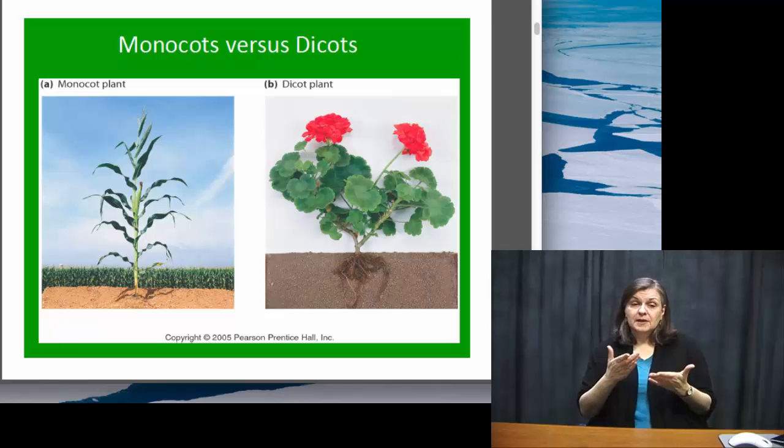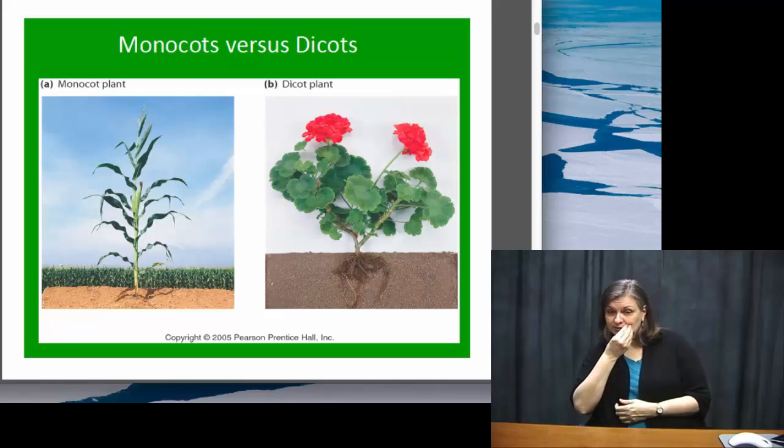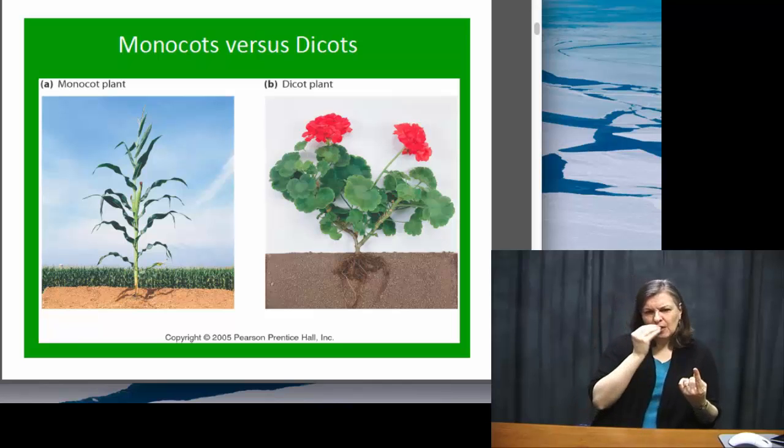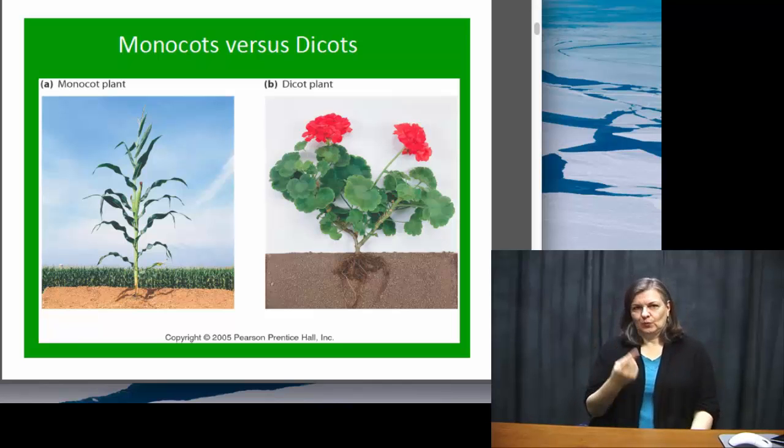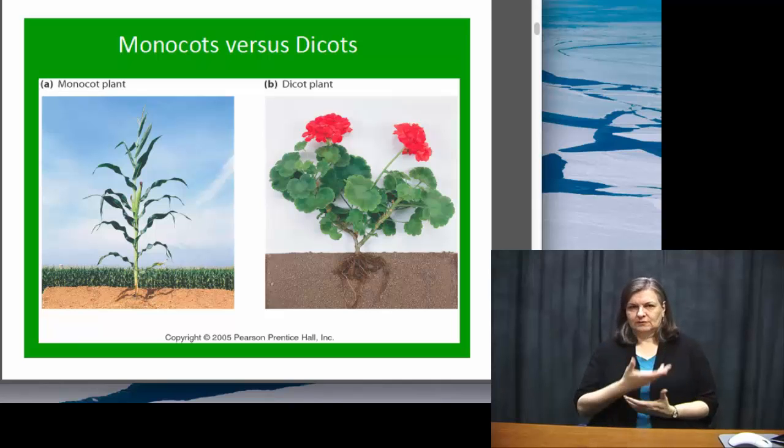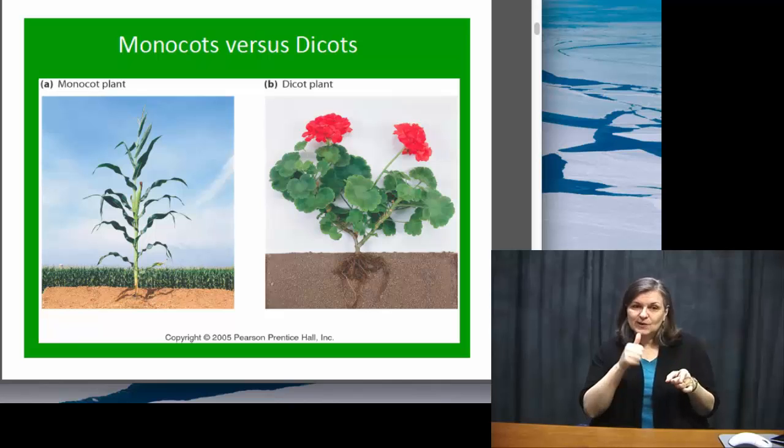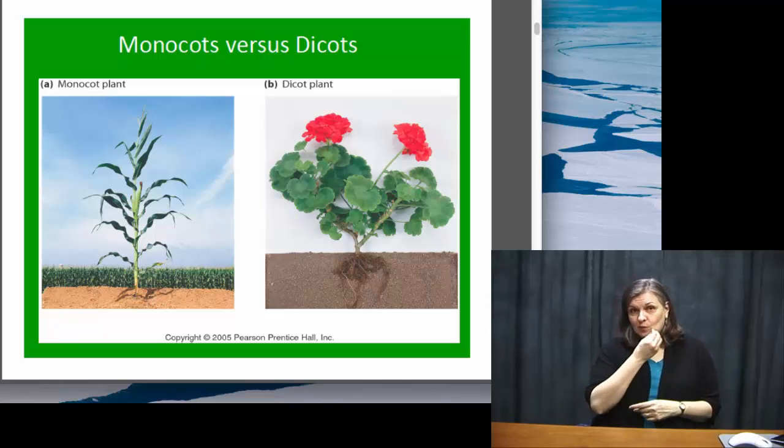Your first guess might be, well, one has flowers, the geranium, and the other doesn't, the corn. Well, I told you a minute ago that these are both flowering plants. Just because they don't make beautiful flowers that you would sell at a flower shop doesn't mean they don't produce some type of flower.